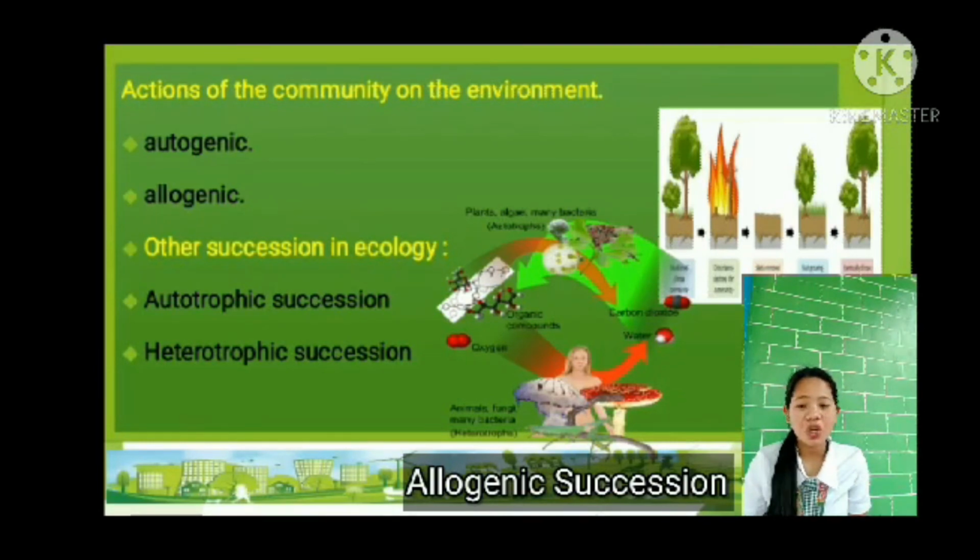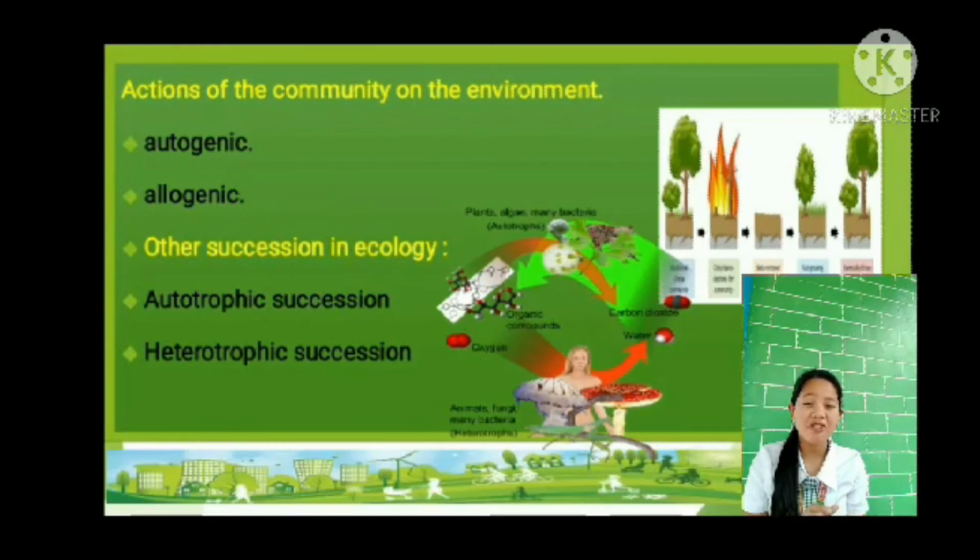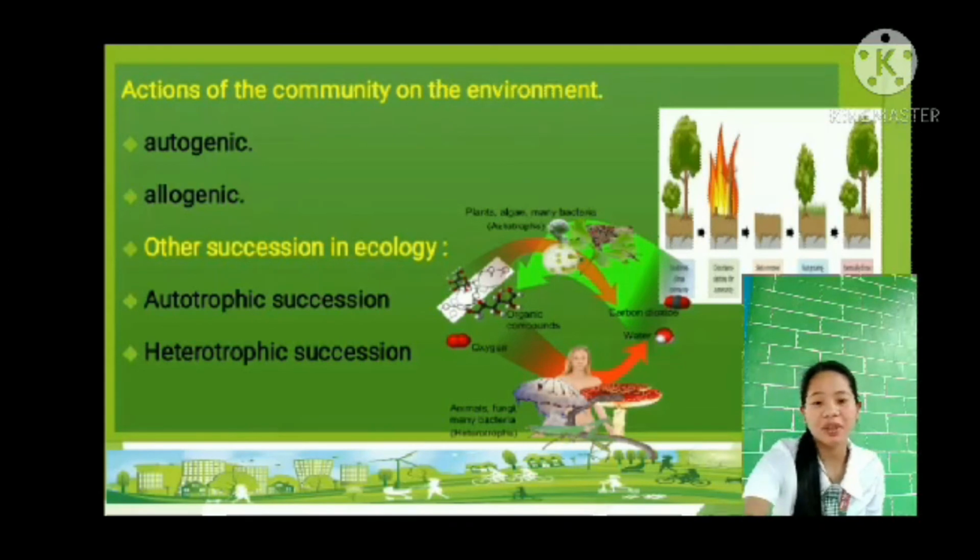Here, succession occurs on the time scale of the disturbance. So autogenic is the lifespan of an organism, while allogenic is the time scale of the disturbance. That is the difference between autogenic and allogenic succession.